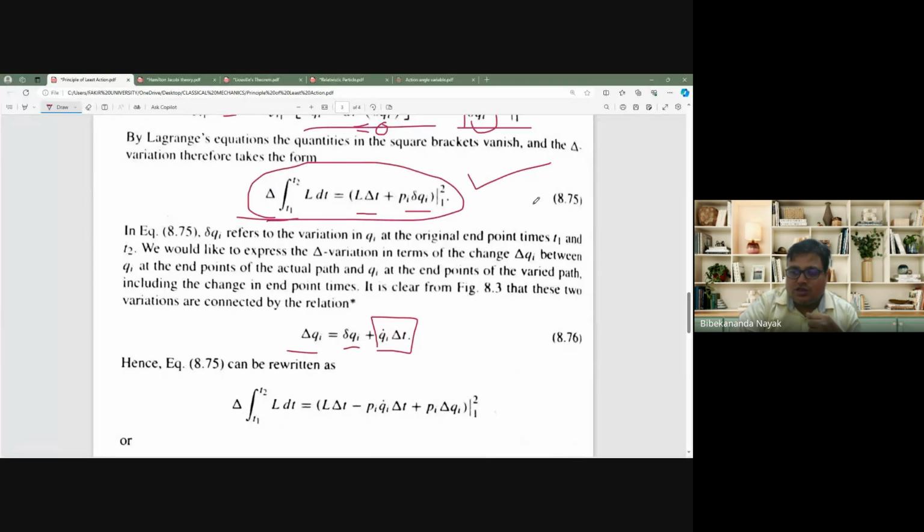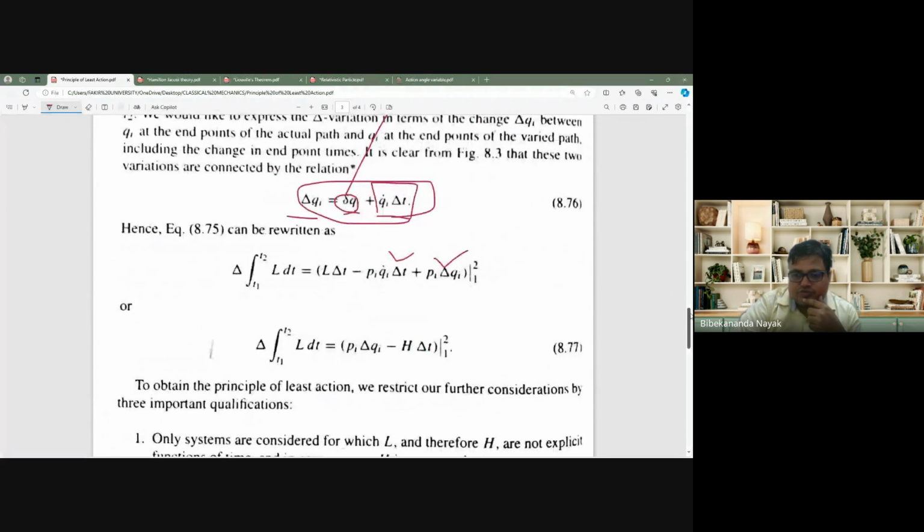If you put this in place of delta Qi, del Qi is equal to delta Qi minus Qi dot del T. So Pi into delta Qi is one term, and the other term is minus Pi Qi dot delta T. So putting this here, I got this equation.